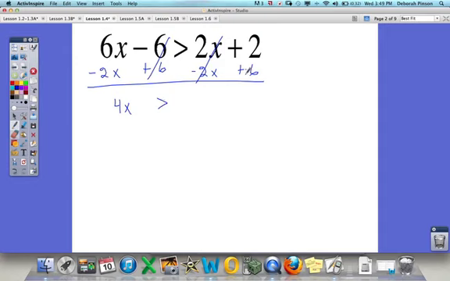So I have 4x is greater than 8. Divide by that 4 to get the x by itself. X is greater than 2. Okay, so here's 2. If it's just greater than, I'm going to use an open circle and shade where it's greater than.